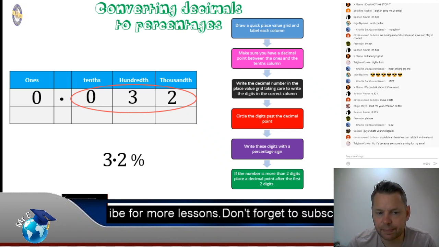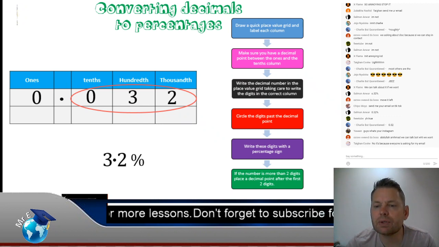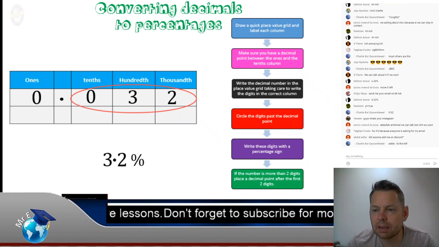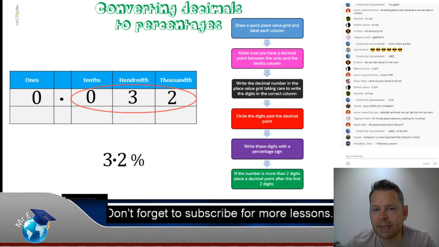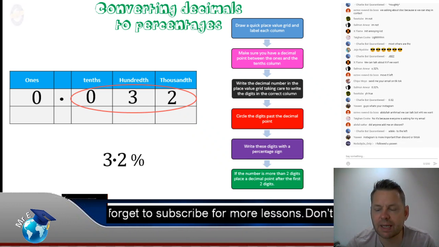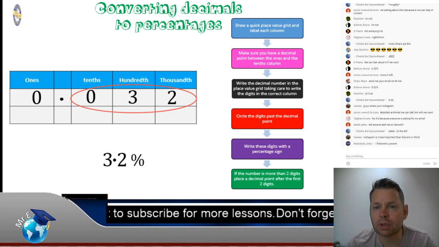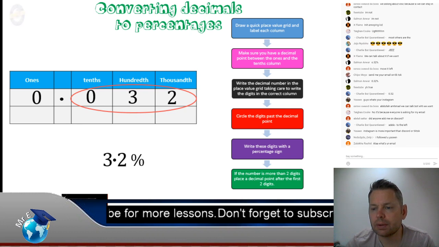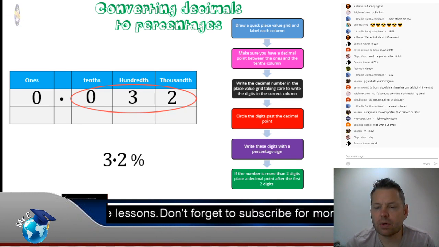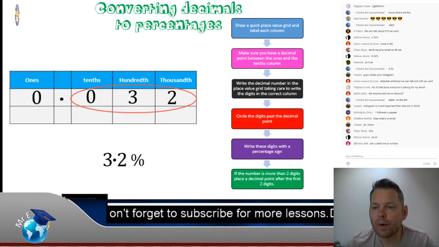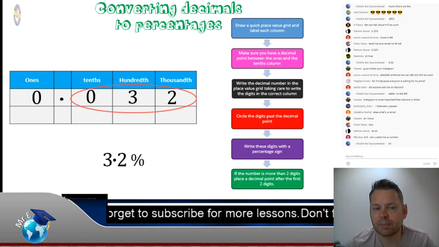Okay. What I'd like you to do now, I'm going to give you 2 decimals. I want you to write them down, so I'll give you a bit of time. So here's the first one. I want to know what 0.14 is as a percentage. And I also want to know what 0.054 is as a percentage.